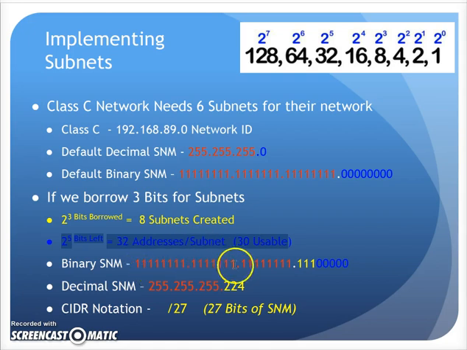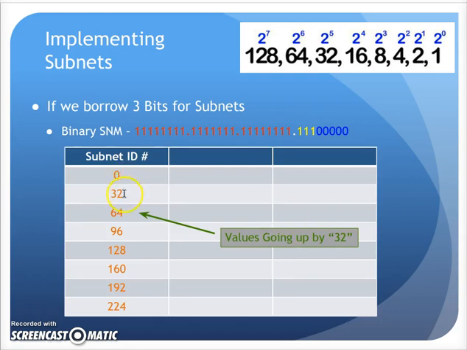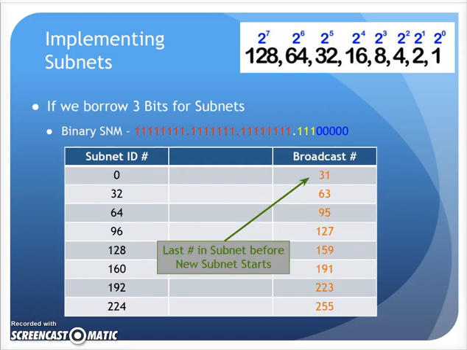My subnet mask will be 255.255.255.224 or /27. Okay, that's all the background planning work we've done before. Now that I have all that, I'm going to look at this interesting bit, the 128, 64, 32 place, so things are going to go up by a factor of 32. So I will make my little subnetting chart here: 0, 32, 64, 96 for the network number.